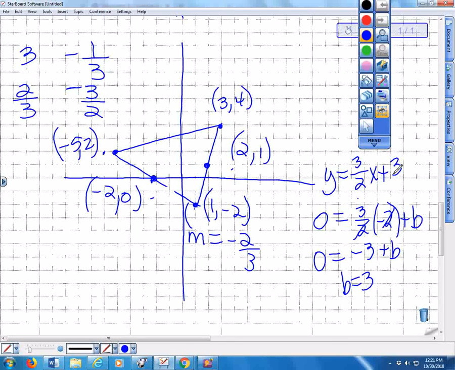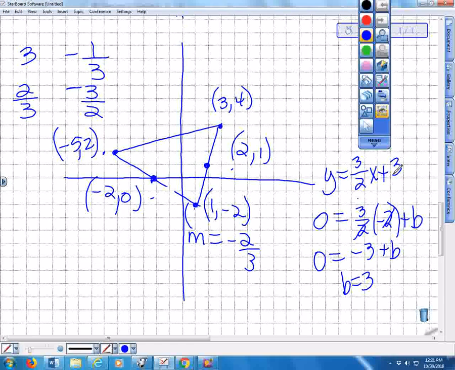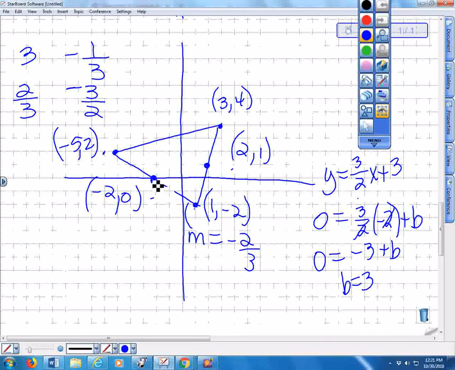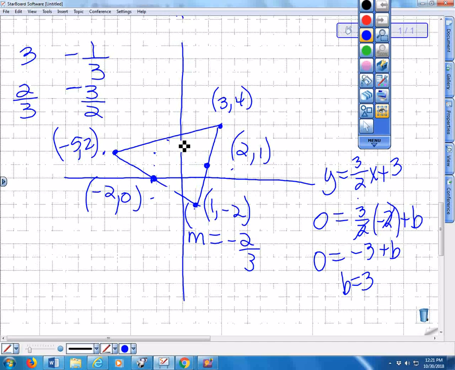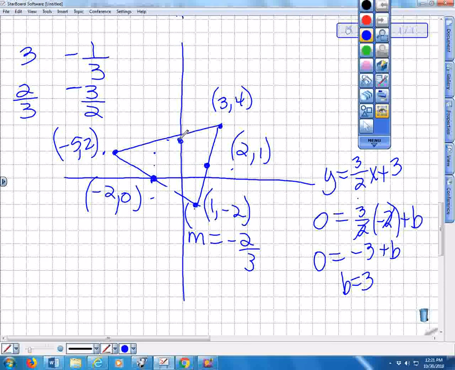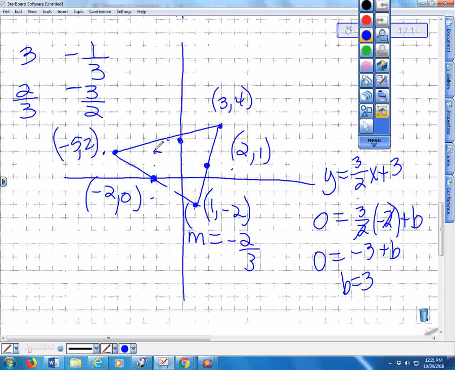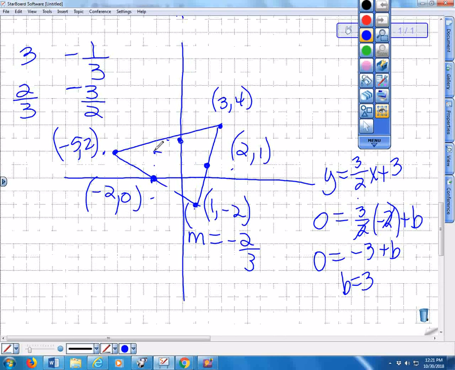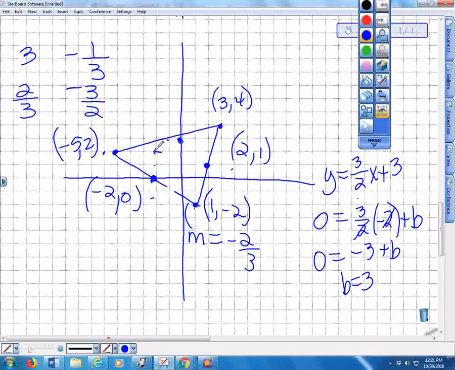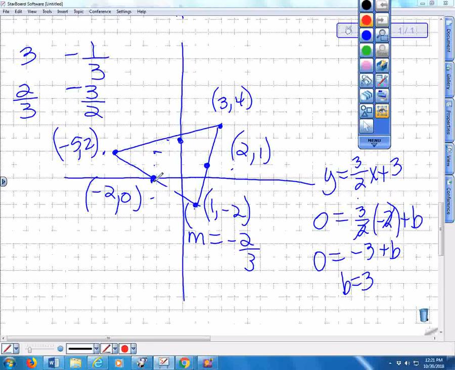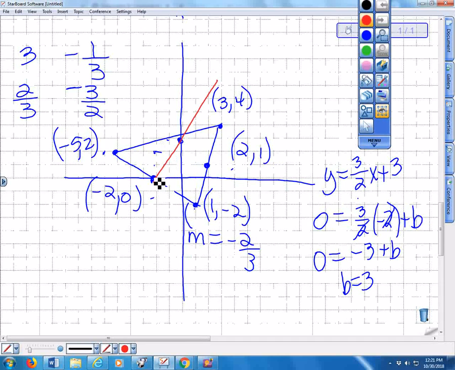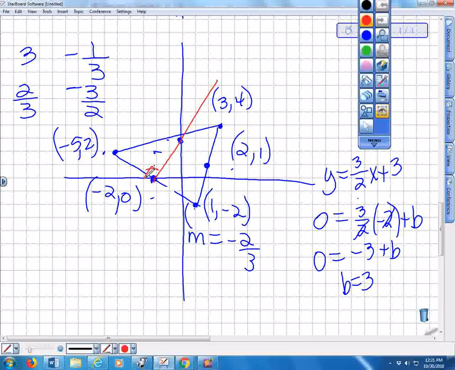Let's see if it works. If I go from this point and I go up 3 over 2, doesn't it cross at 3, the y-intercept? Okay. So if I go ahead and draw this line in, there's one perpendicular bisector.